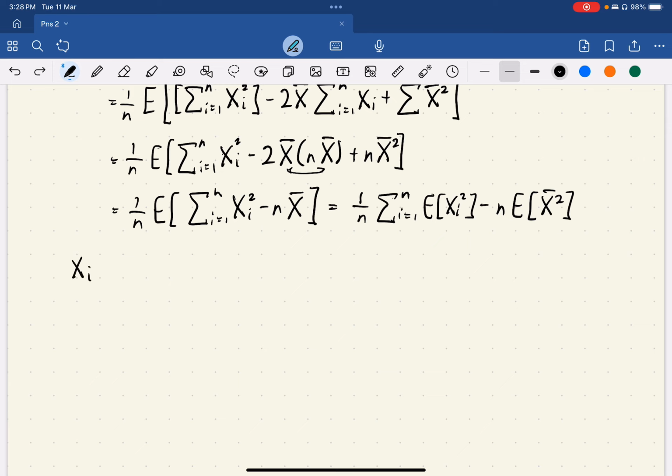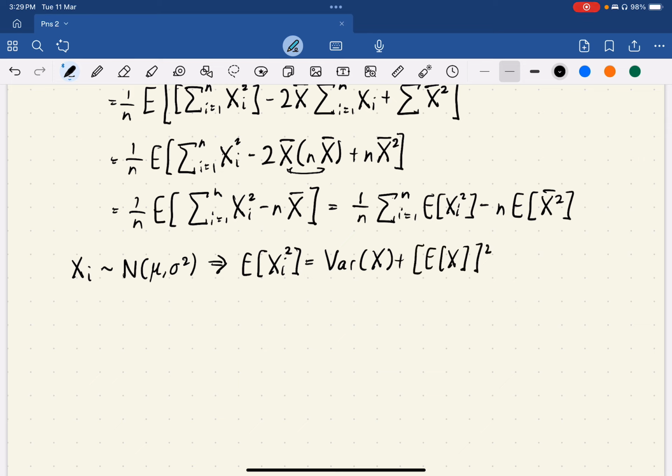If the sample x1 to xn, I just write xi from now on, follows the normal distribution, then we know that the expectation of xi squared, the second moment, equals the variance of x plus the square of the mean, and this is simply sigma squared plus mu squared.